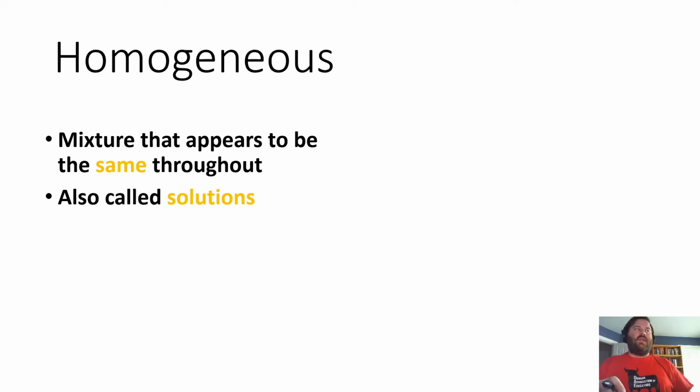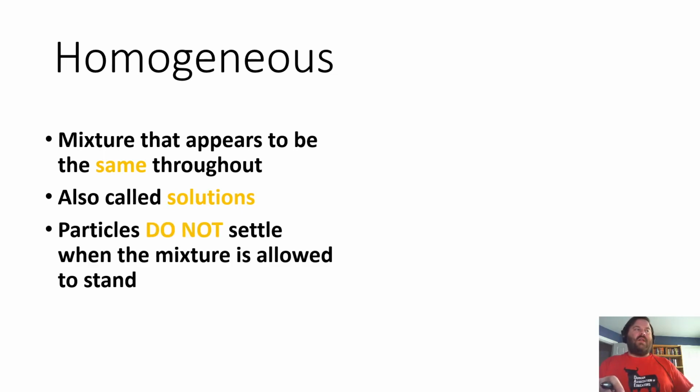And the particles, unlike heterogeneous mixtures like the salad dressing, in a homogeneous mixture such as salt water would never settle out if you just leave the mixture sitting there. You would never have a cup full of salt water, and then if you leave it there for a while, a bunch of salt crystals start forming at the bottom, if they're dissolved, as long as nothing else changes.